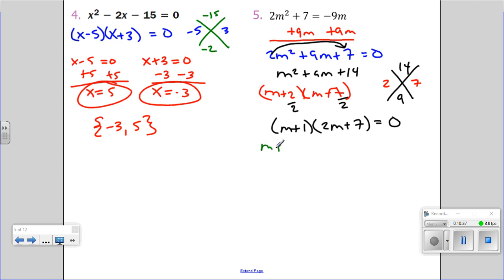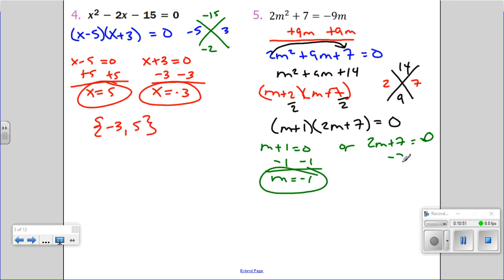So that's m plus 1 equals 0, or 2m plus 7 equals 0. Subtract 1 in the first to get m equals negative 1. First subtract 7 in the second, you'll get 2m equals negative 7. Then divide by 2. So m is equal to negative 7 over 2.